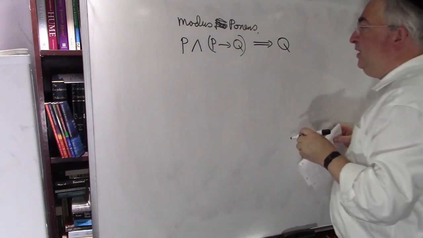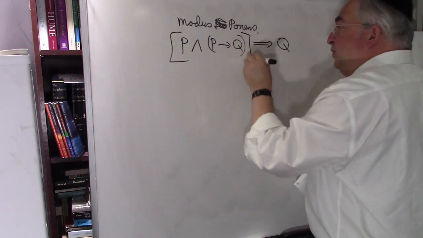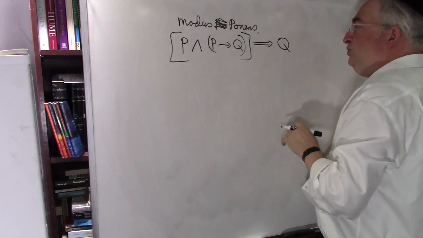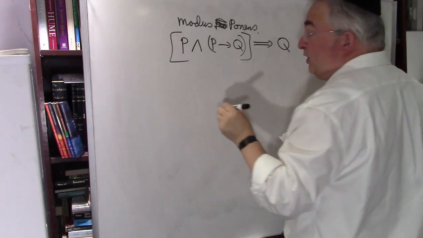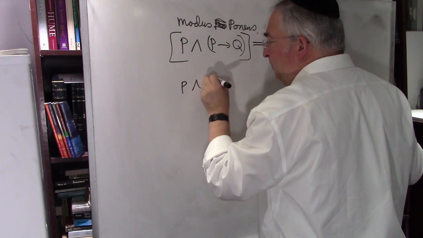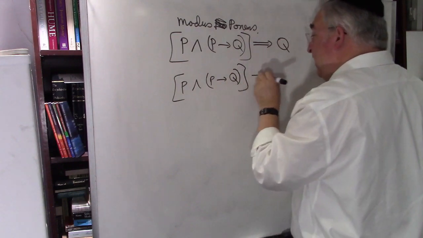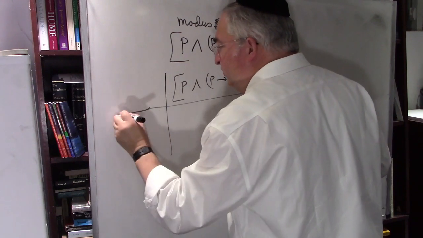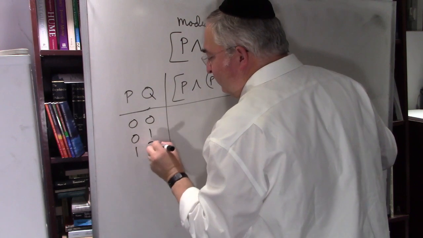Let's go through that again. Here's one statement, and here's another statement. If P is true and P implies Q is true, then whenever that's true, Q will also be true. Let's make a truth table. P and P arrow Q, arrow Q. So we have P and Q: 0, 0, 0, 1, 1, 0, 1, 1.